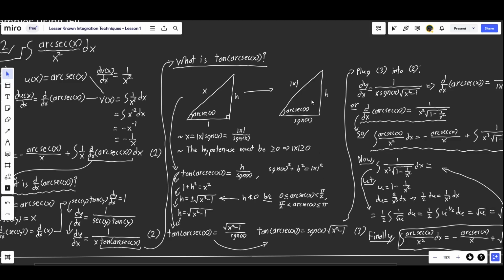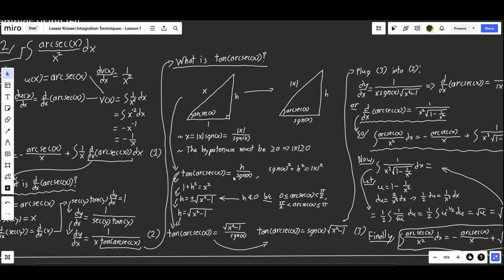And if you can visualize this, 0 and pi are angles that always lie in the first and second quadrants. So this height will always be positive.